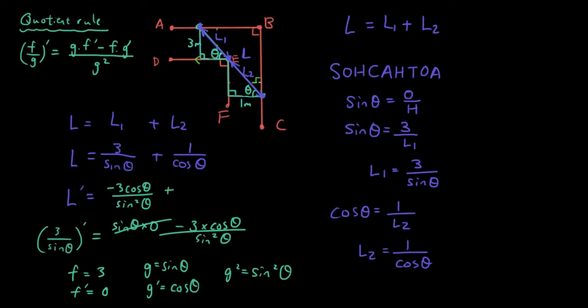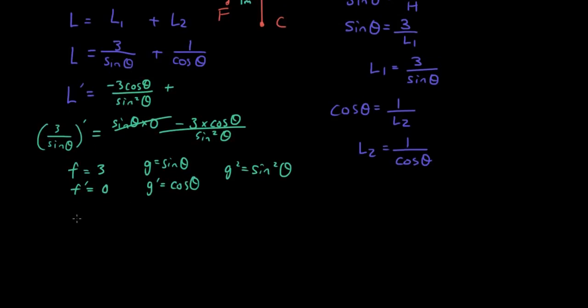So we have 1 over cos theta differentiated.